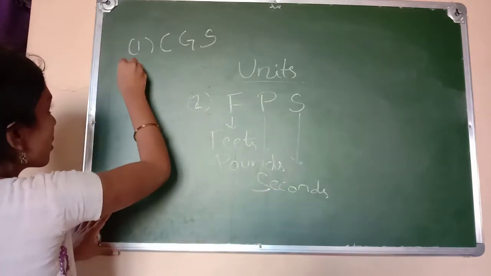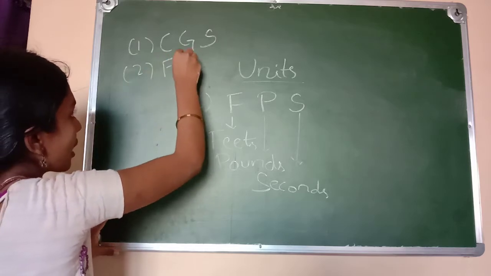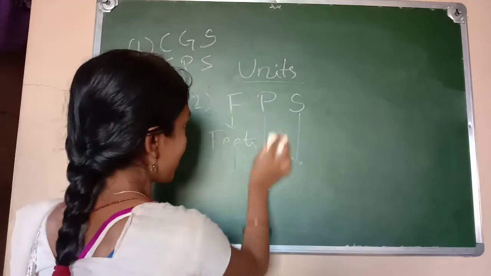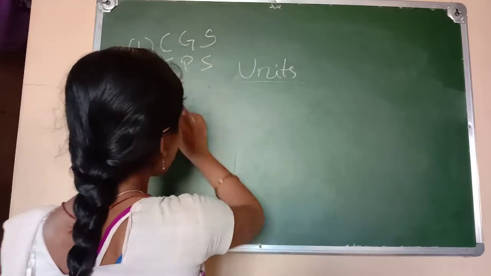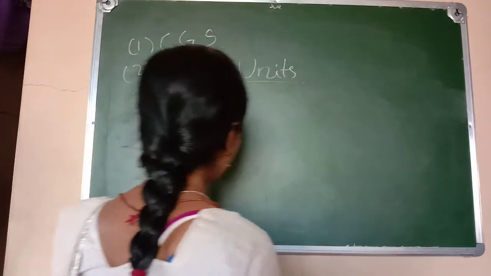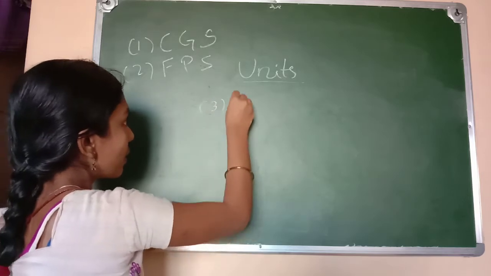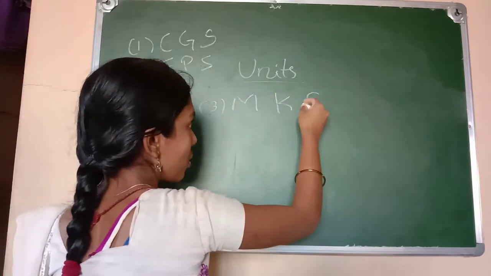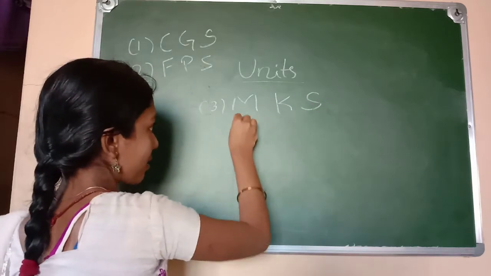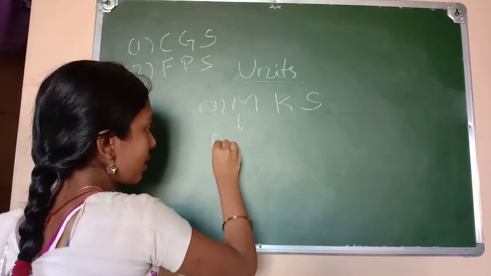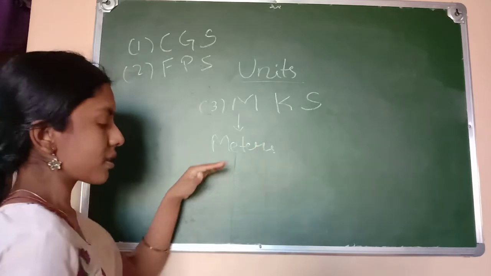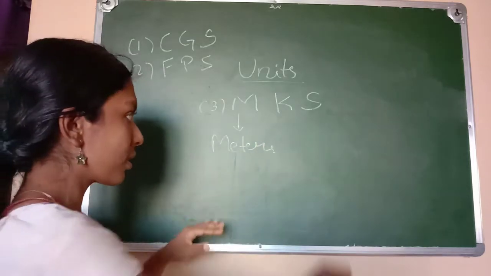So second is FPS. And the third system is MKS. So what is this MKS? M is meters, so the length here is measured in terms of meters.